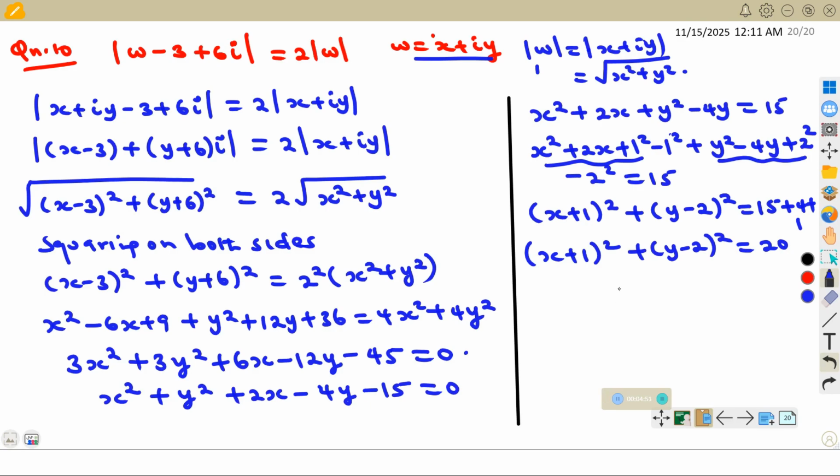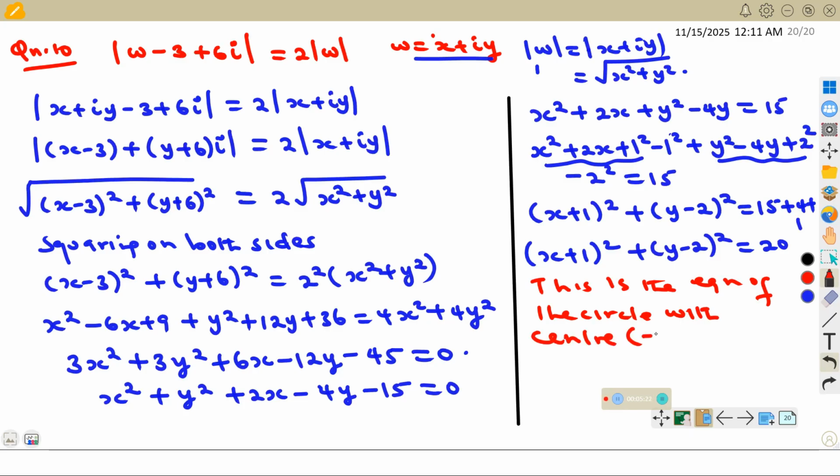From this, we can easily see that the Cartesian equation of the curve is actually a circle with center -1, 2, and radius square root of 20. This is the equation of the circle with center -1 and 2, and radius equal to the square root of 20.